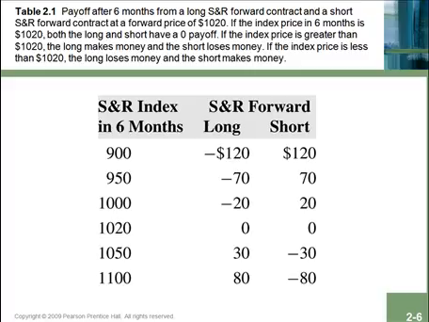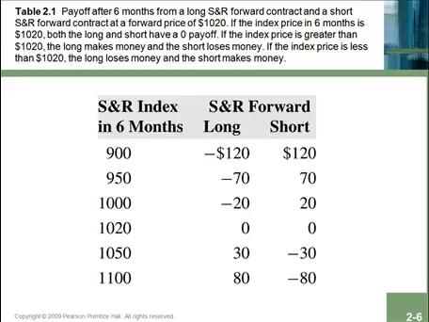Now in this slide you can see the payoffs to the long and the short position, not only if the S&R index ends up being $1,050 in 6 months, but at many possible different values that the S&R index could end up being at that time. After all, we don't know in advance where it's going to go at the time that we enter the contract. So for example, if the S&R index ended up being $900 at the end of 6 months, in that case, the long position would actually lose $120 on the forward contract.